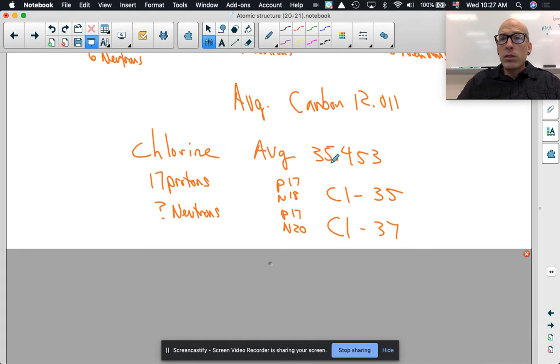If the average was 36.0 exactly, then what would that tell us? If the average is right in the middle between 35 and 37, then that's telling us that there are equal numbers of 35 and 37. They would appear in nature equally, but they don't. There's more 35 than 37 because the average is weighted toward 35. I hope that makes sense.